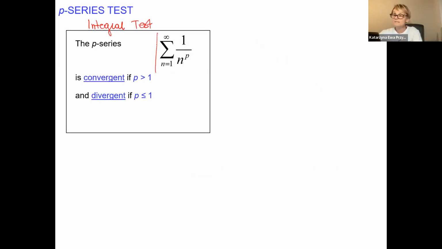But when we see this form of series, 1 over n to the power of p, p could be any number. I don't have to restrict this. Because we may actually have negative also. That means p could theoretically be any real number.